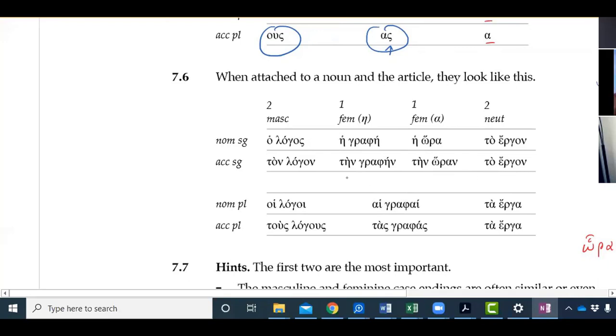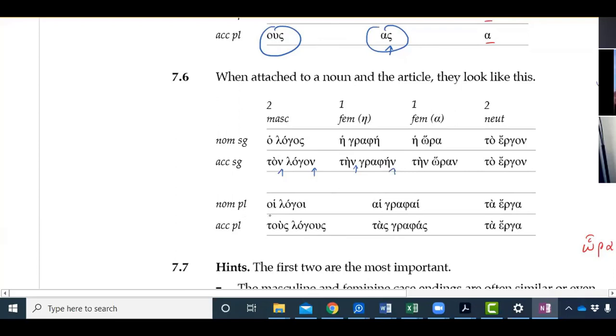Okay, so notice that you get the accusative article here, and it has a nu, doesn't it? And that nu matches the nu case ending of λόγον. Isn't that beautiful? τὴν γραφήν, you have the nu case ending on τὴν, and the nu on γραφήν, and so forth. That's the agreement you talk about. Yes, yes. Remember, the article will agree with the noun it modifies in case, gender, and number.